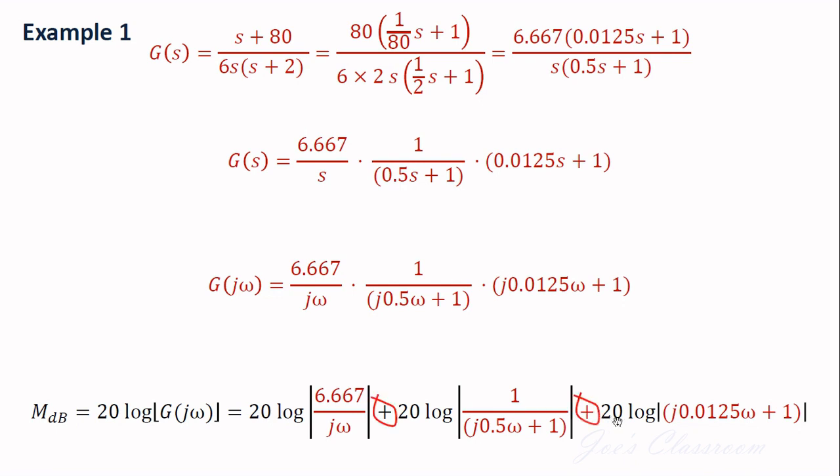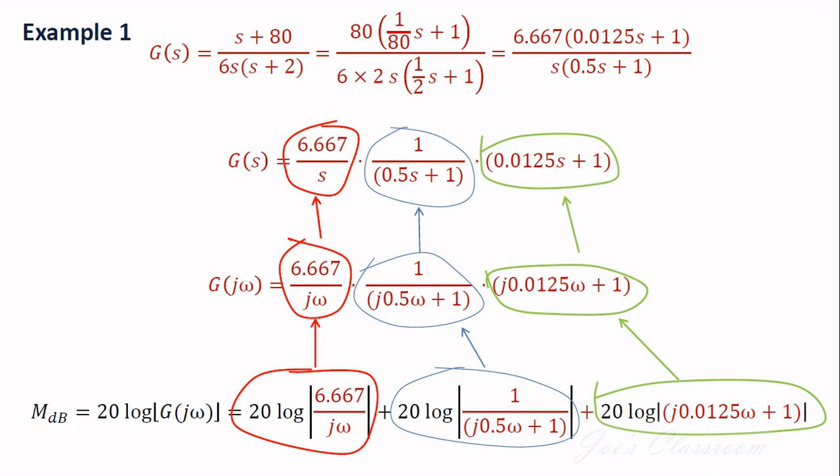So in other words, this magnitude was generated by this transfer function, this magnitude was generated by this transfer function, and this magnitude was generated by this term. Then the magnitude plot of G of s is going to be the addition of the magnitude plots of these three terms.